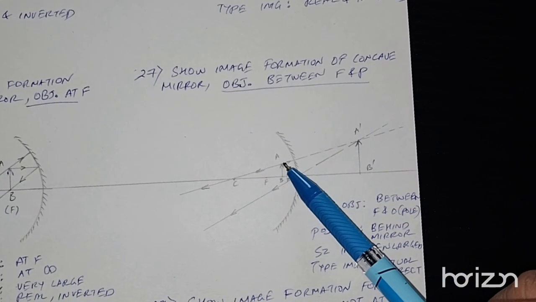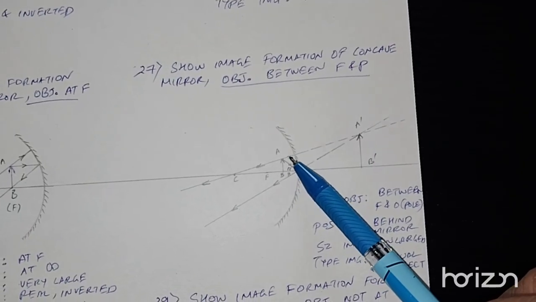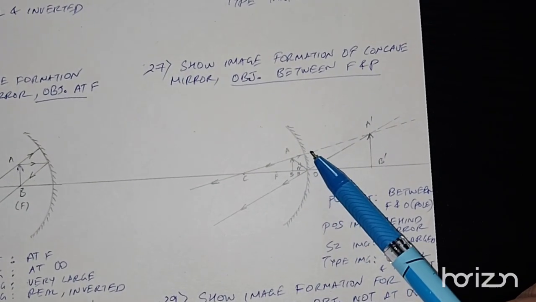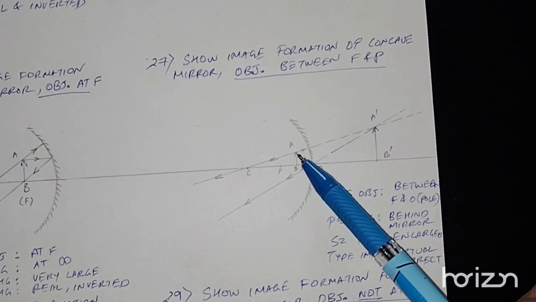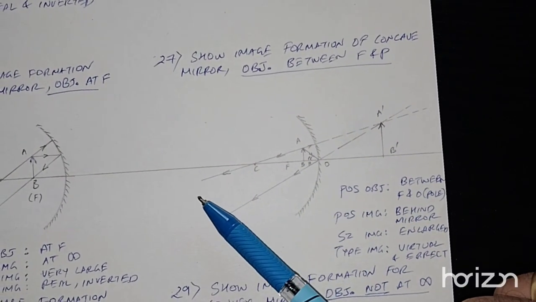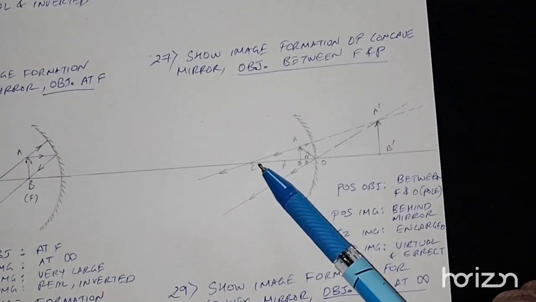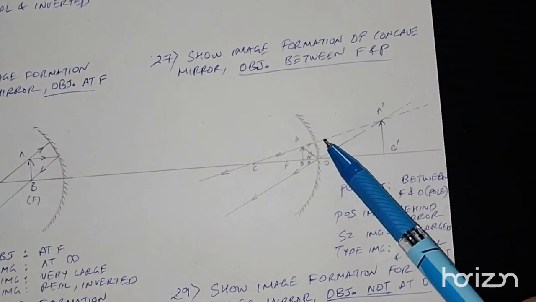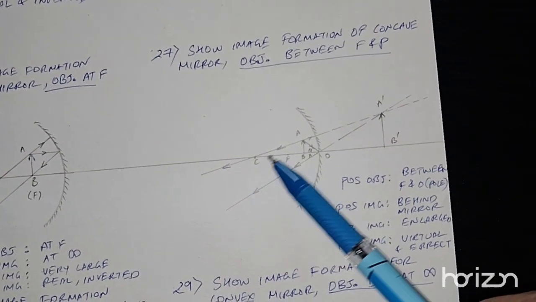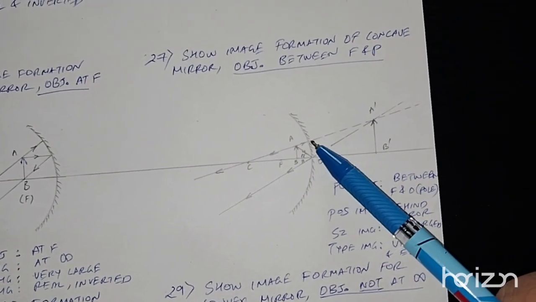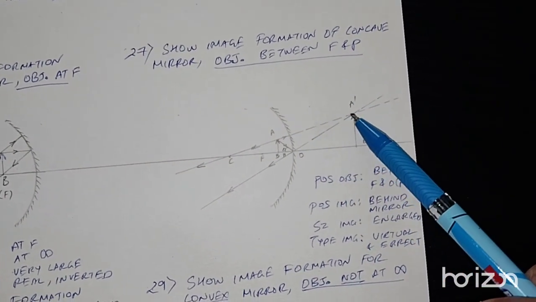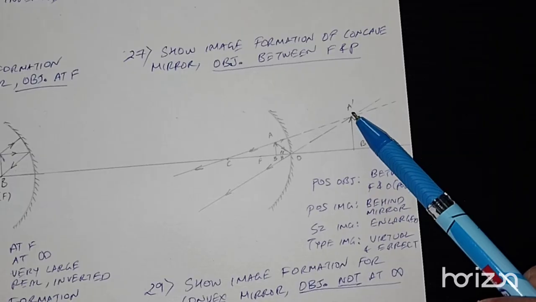One ray is going along the radius of the spherical mirror, so that ray hits it and reflects back in the same line but in the opposite direction. That ray, if you backtrace it, appears to come out of somewhere here.